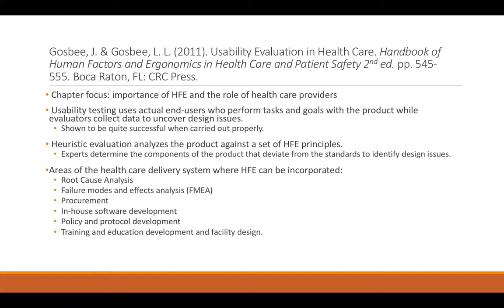By including human factor evaluation into these aspects of the healthcare system, potential patient safety risk can be mitigated in advance of an accident happening, or it could also be involved retrospectively to make enhancements or improvements to existing product design after an accident happens. And it can be used in both scenarios effectively.